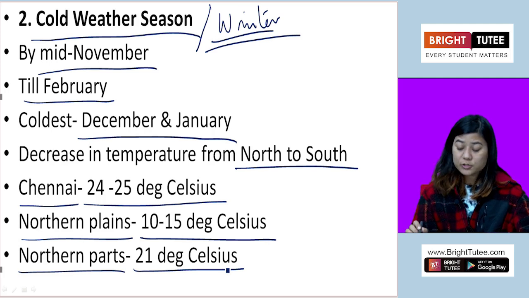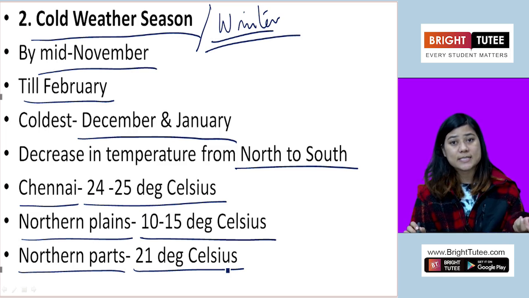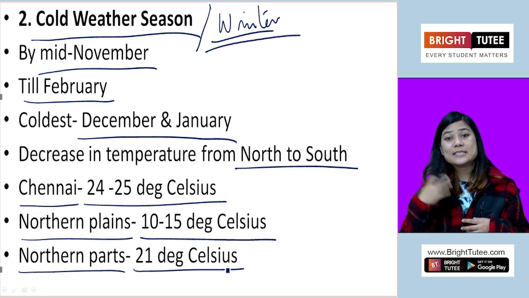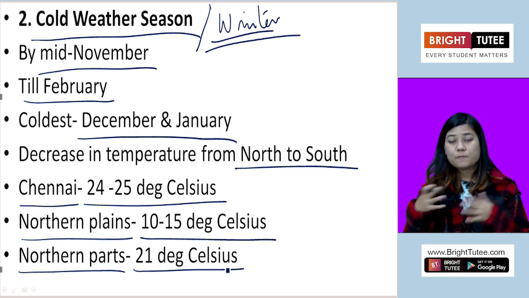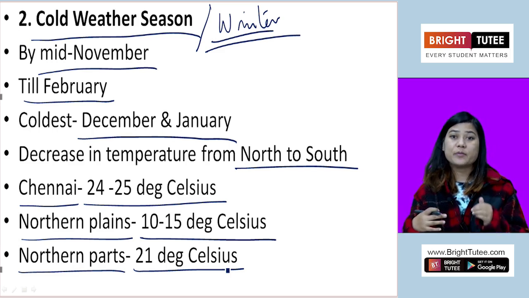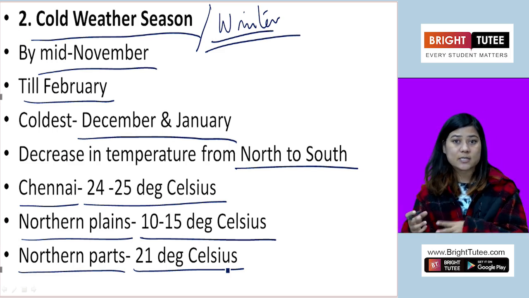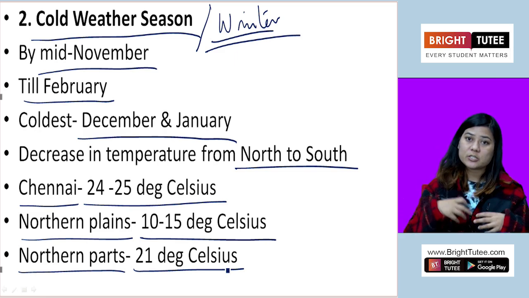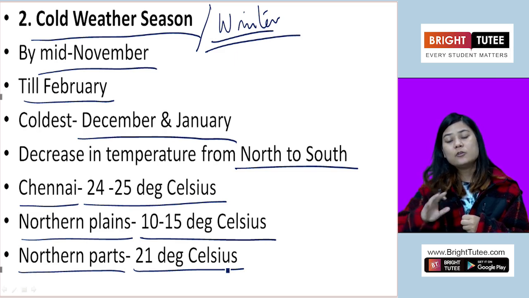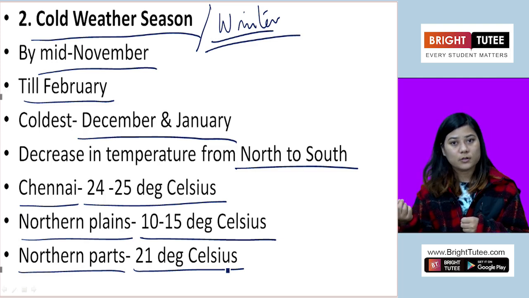Here also, when we were learning about the hot weather season, the rise in temperature varied from region to region. Similarly, during the winter season the fall in temperature is different from one region to the other. If some are very cold, the other regions are not as cold. They are quite warmer or cool.